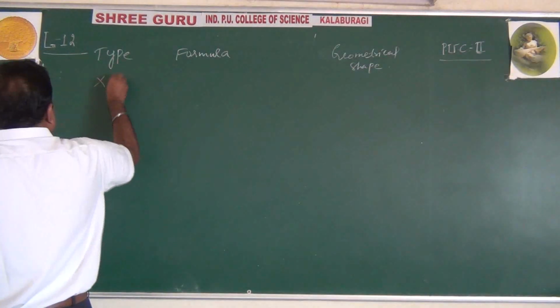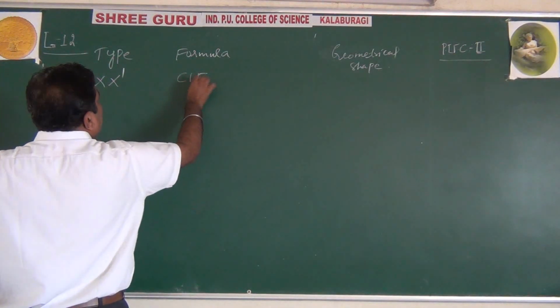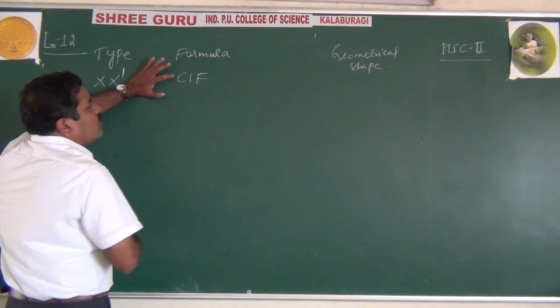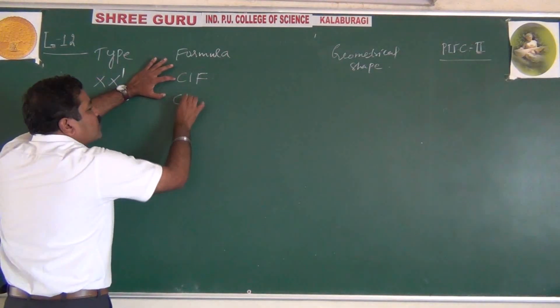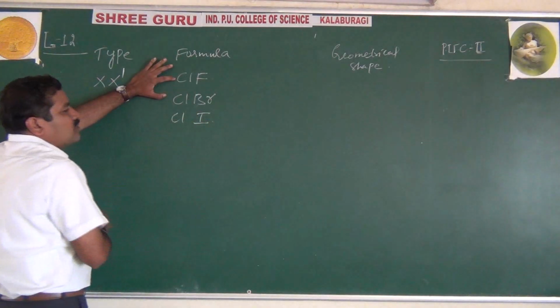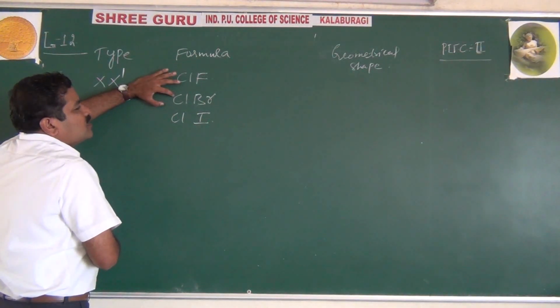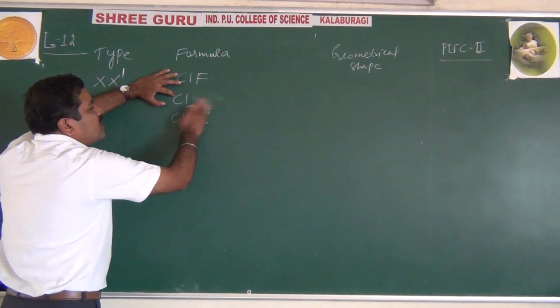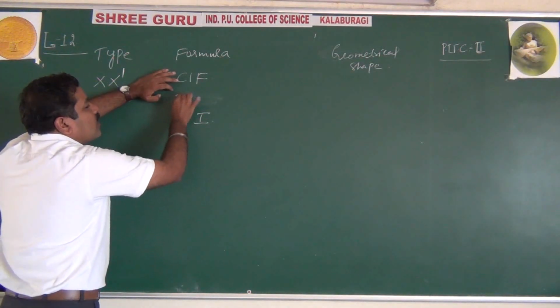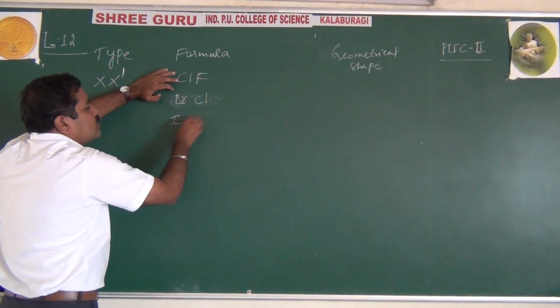See, XX' formula, ClF, chlorine monofluoride, BrCl, where Cl is positive. Okay, ICl, where I is positive.